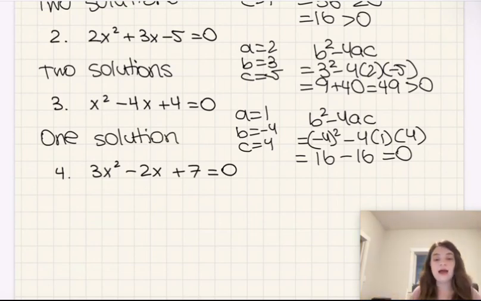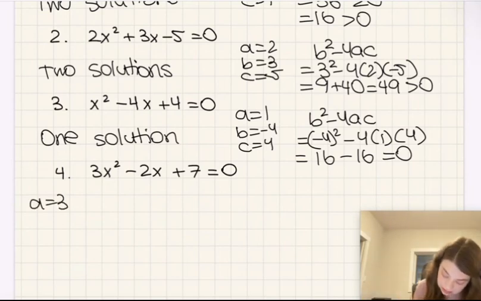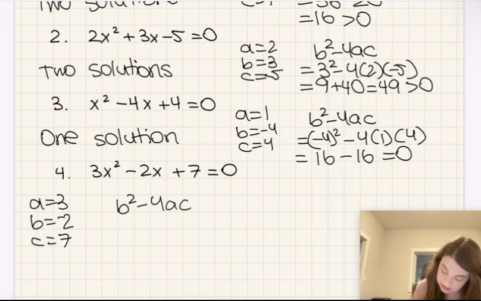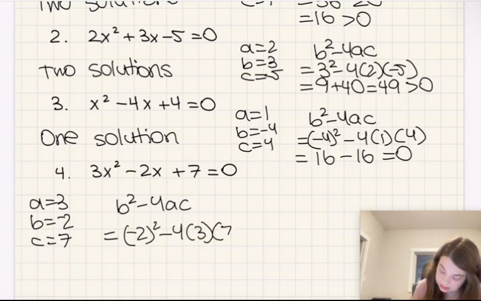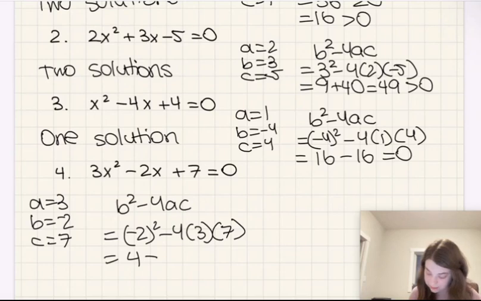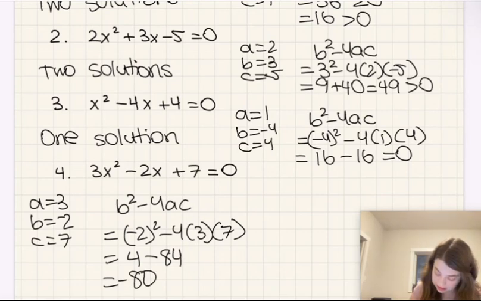Okay, last one. Let's try this one here. In this case, a is 3, b is negative 2, and c is 7. So we want to find b squared minus 4ac. That's going to be negative 2 squared minus 4 times 3 times 7, which is 4 minus 84, so therefore it's negative 80.